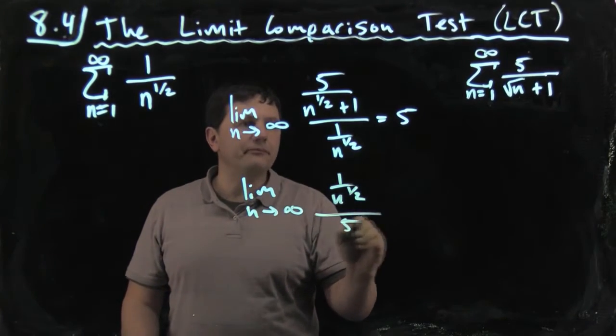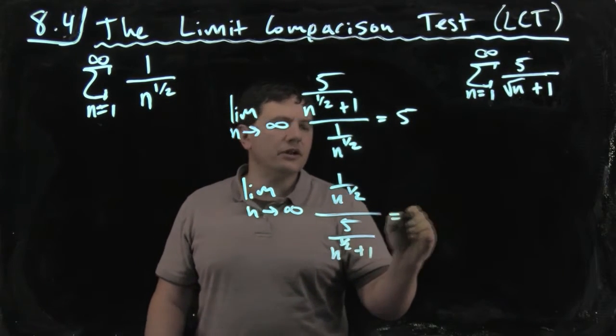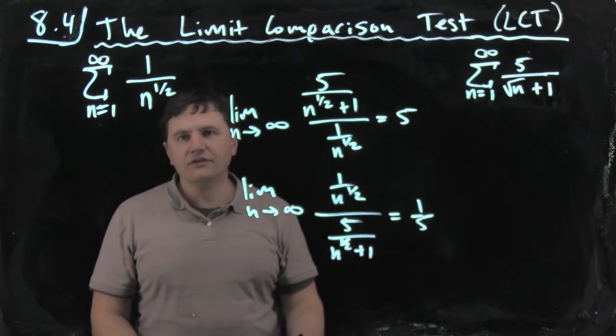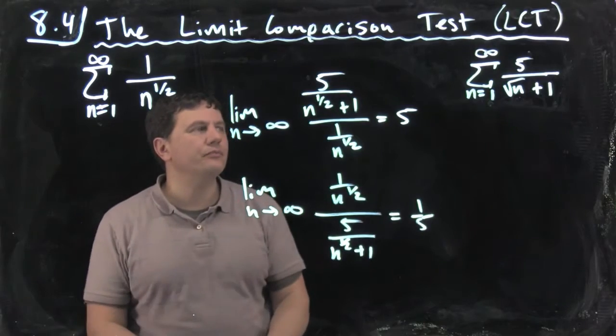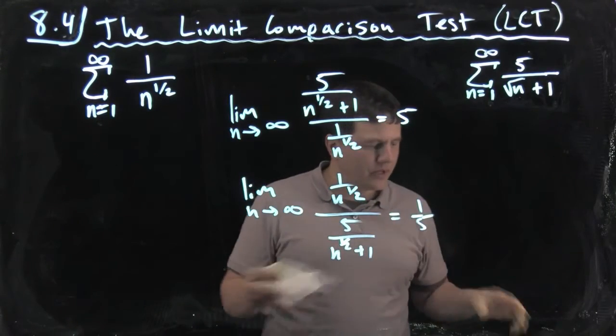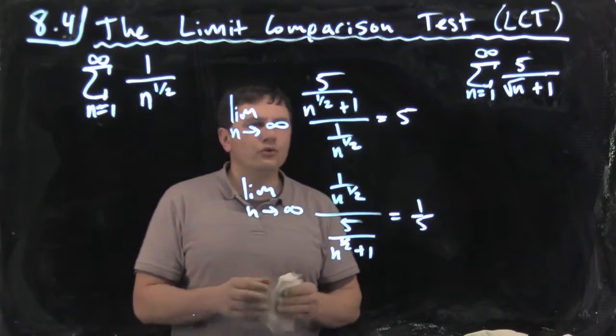If I flip them, then I'm going to get 1/5. As long as that number is a real number, not infinity, and it's not 0, then they're either both going to converge or diverge. So let's write that up, and then we'll do the limit comparison. This is actually going to be quite a short video today.